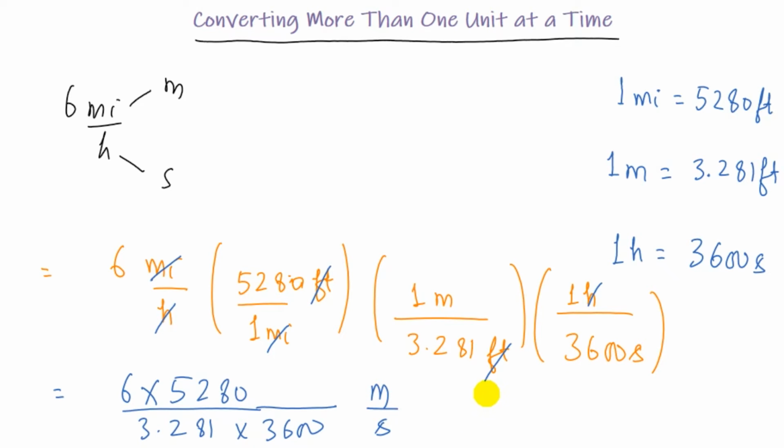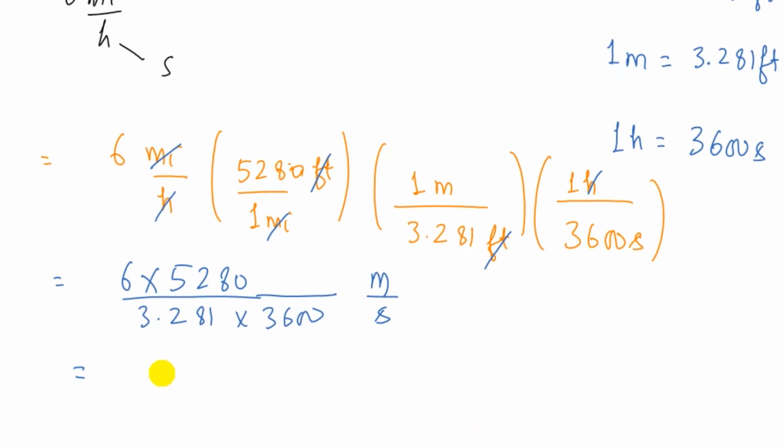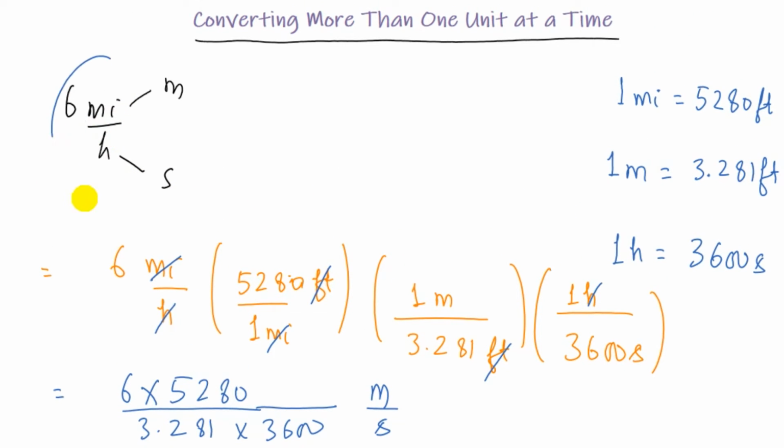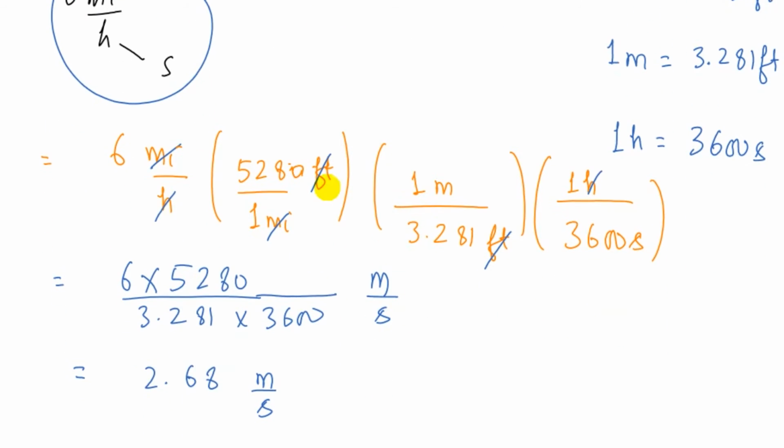Now we can further simplify this and we'll get the result to be 2.68 meter per second. Therefore we have converted 6 miles per hour to meters per second. So this is the way we convert more than one unit at a time.